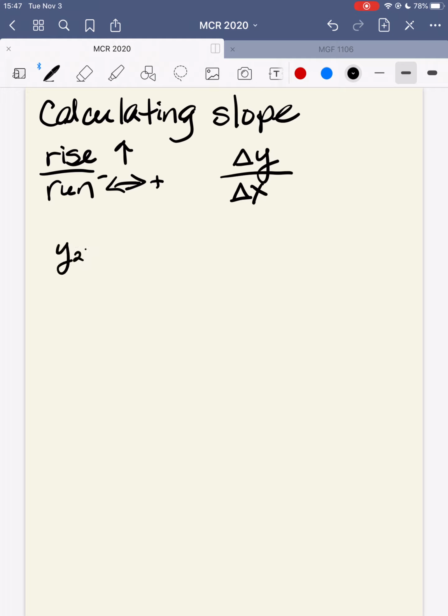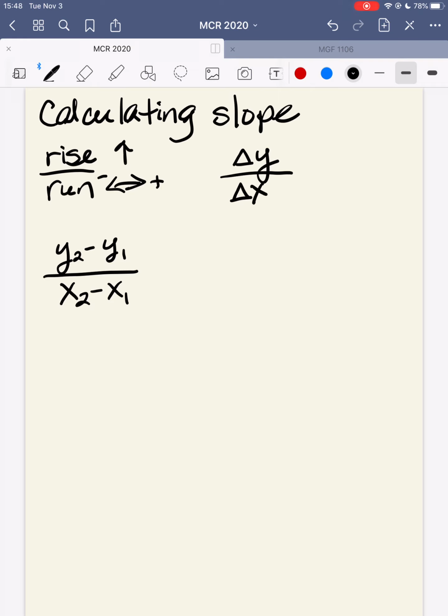We have y subscript 2 minus y subscript 1, divided by x subscript 2 minus x subscript 1. In a nutshell, if I'm given 2 points, I'm going to subtract their y values, and then also subtract their x values in the same order as I subtract the y values.